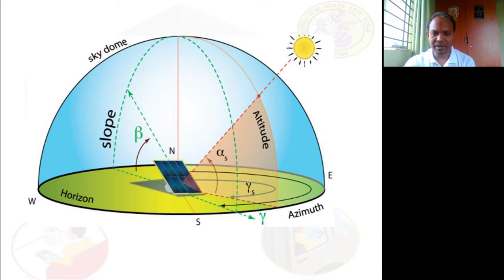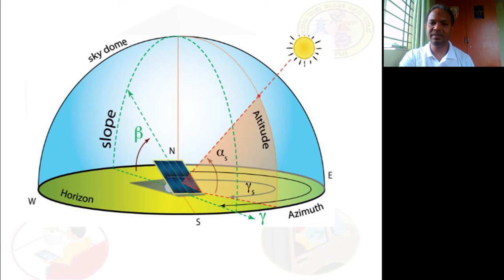From this object towards the east to the west, whatever horizontal angle it is making on the horizontal plane, that is what we call the azimuth angle. Basically this azimuth angle varies between 0 degrees to 180 degrees. Zero origin faces the equator, whereas east is positive and west is taken as a negative angle.